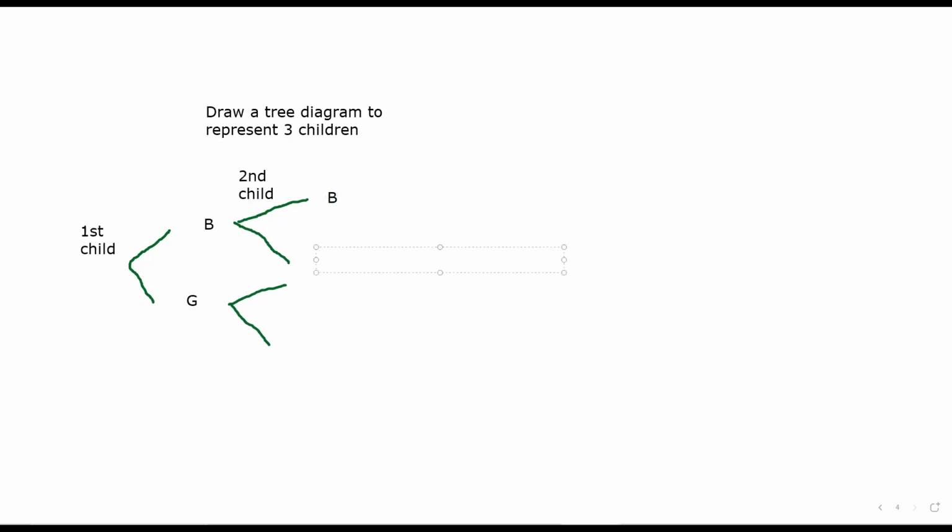So we have boy, girl here, and then we have boy, girl here. So this is boy, girl like this. So here means we had a boy and a boy, and then a girl and a boy, or a girl and a girl. We need to have one more child because there needs to be 3 children.